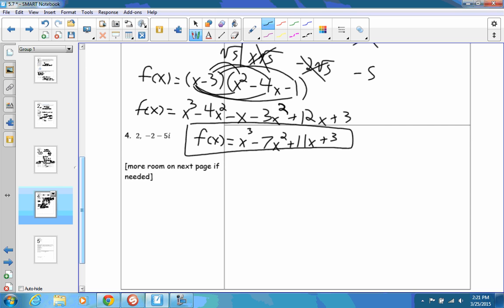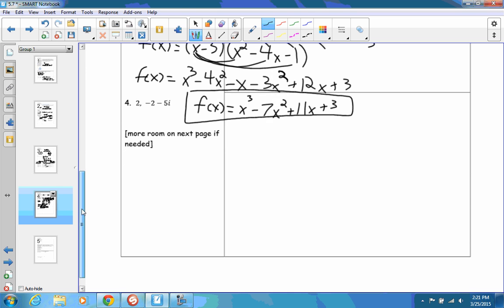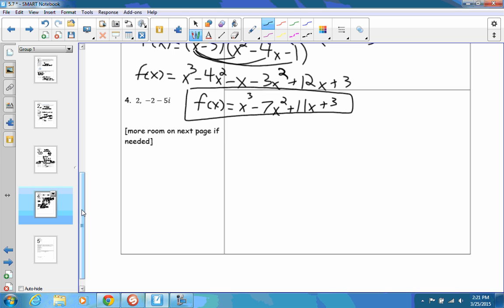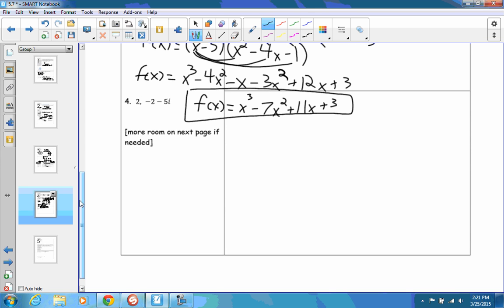All right, let's do this last one. Hey, same problem, guys, same problem. I have zeros, and I need to expand, make the leading coefficient 1, smallest degree possible, expand the whole thing, right? So one of my zeros is what? 2.